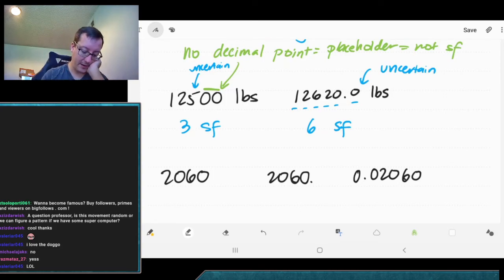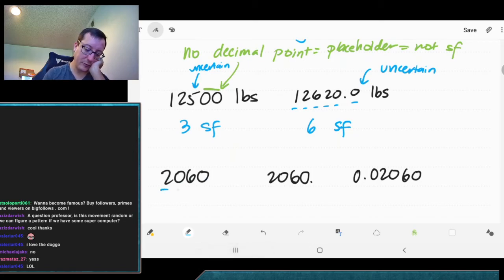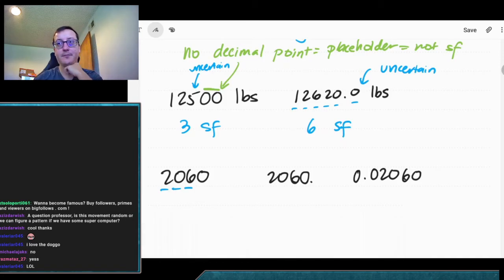So, here we go. First things first, of course, we see non-zeros, always significant, right? We have 2 more zeros in this number. First one we see there is in between numbers. In between numbers is a yes. That is a significant digit. We also have a 0 at the end.